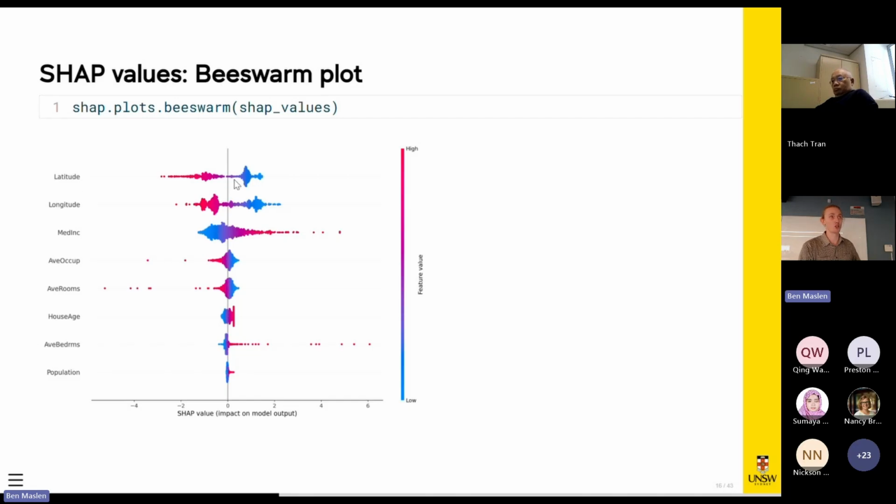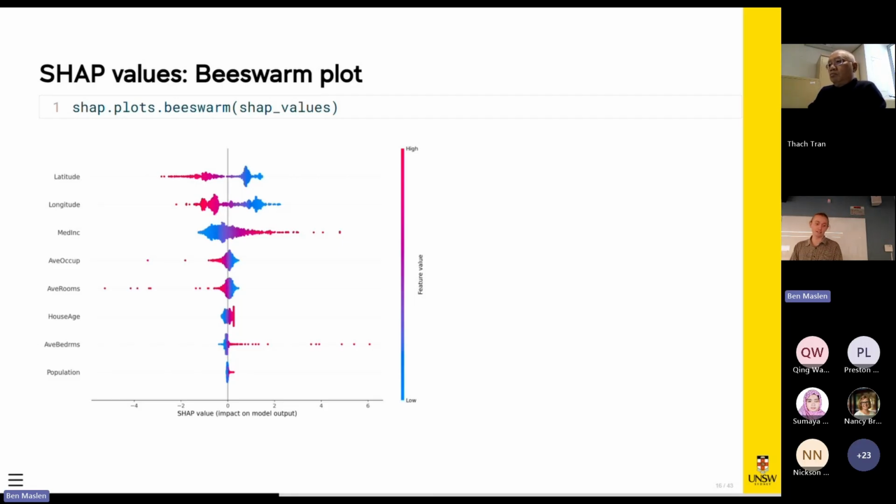So let's look at latitude up the top. We can see for larger values of latitude, these red values here, as latitude increases, our SHAP values decrease. We imply then that latitude is negatively related to median house price.